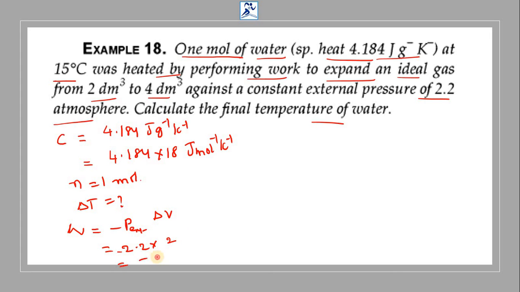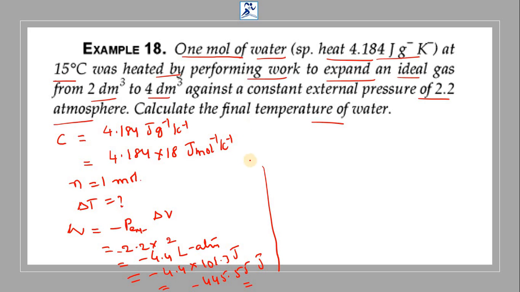This is minus 4.4 decimeter cube, meaning liter atmospheres. Changing this into joules, multiplying 4.4 with 101.3, the product will come to 445.55 joules. So here we found the work done.